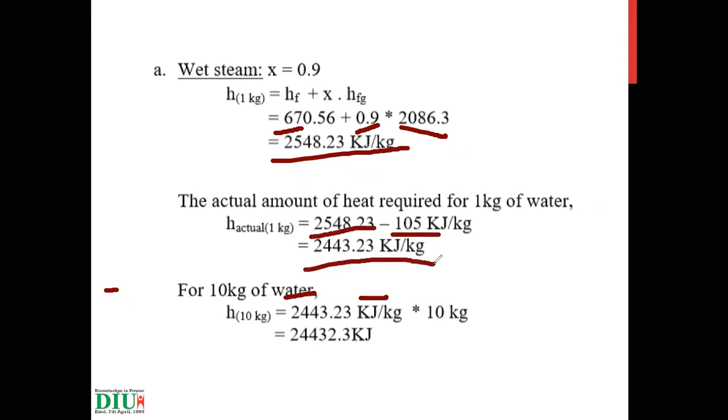This is for 1 kg, but we need to find it for 10 kg of steam. So we'll just multiply this value by 10, and finally we get the heat for 10 kg of steam. This is the procedure for wet steam. We will follow the same procedure for the other steams also.